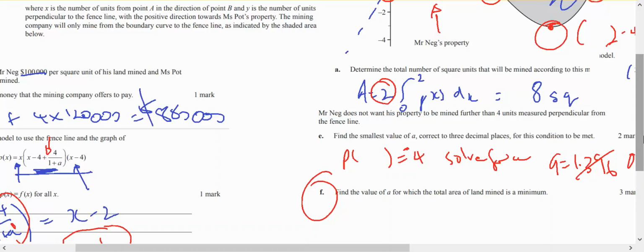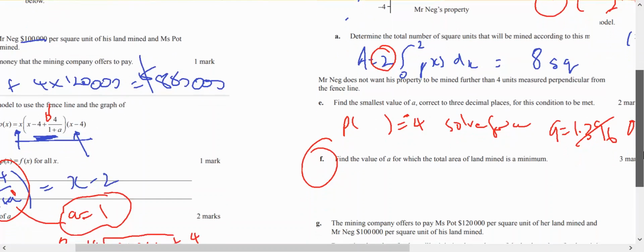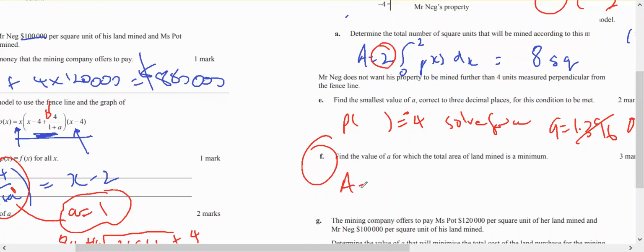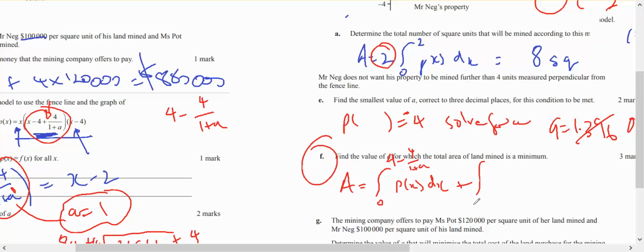So I need to do two separate integrals, and I need to go from 0 to 4 minus 4 on top of 1 plus A, of P of x dx, plus the integral up to 4 from 4 minus 4 on 1 plus A of P of x dx, to get an expression for the area.